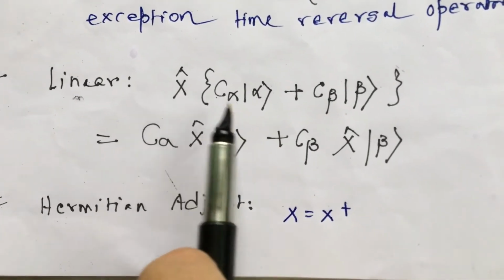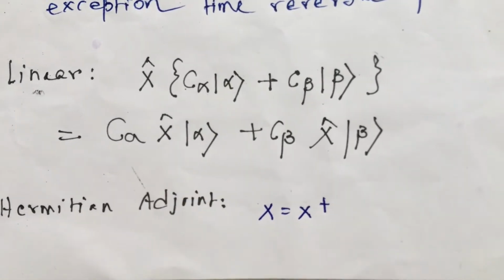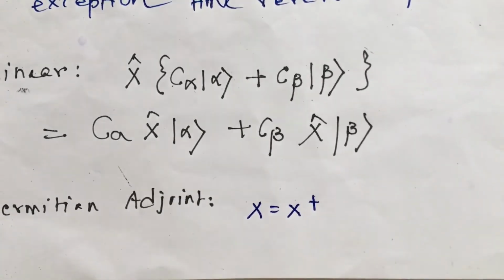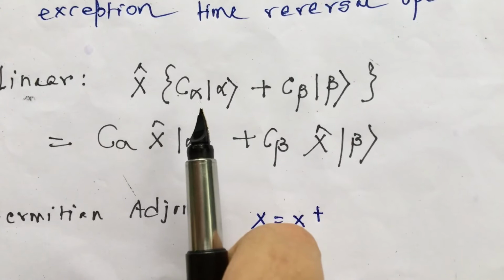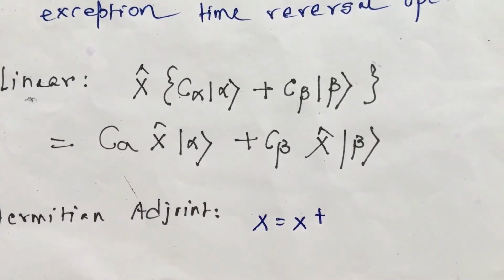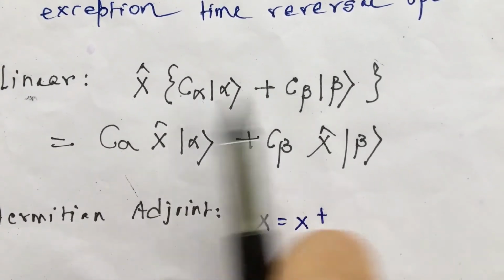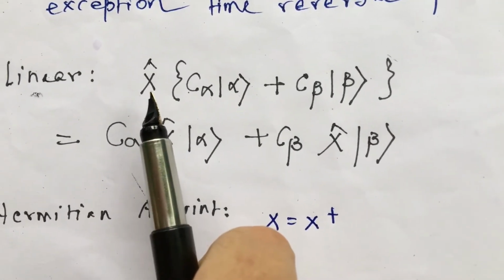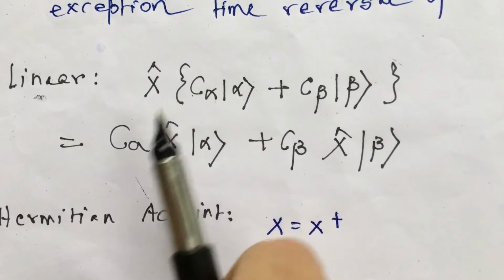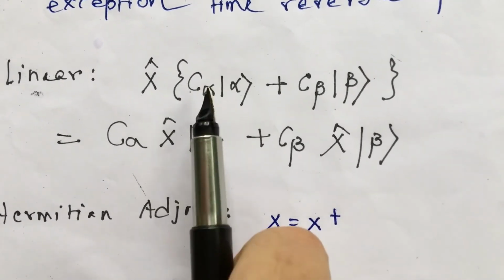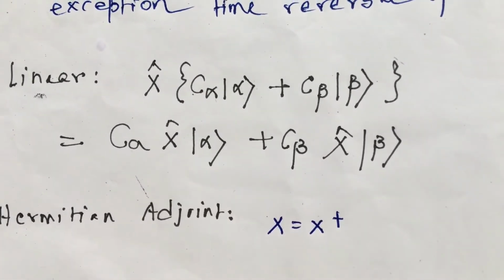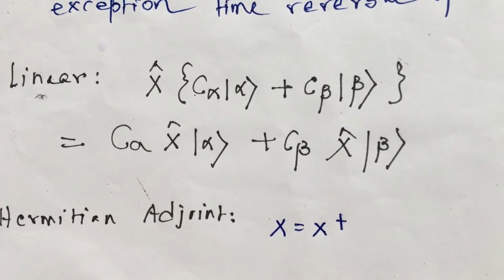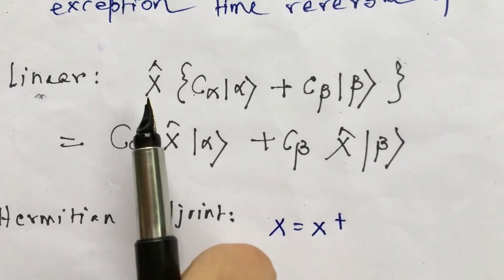If an operator satisfies this relation, where C alpha is a complex constant, C beta is a complex constant, alpha is an arbitrary state, beta is an arbitrary state, then if an operator x operates on this sum, the complex number will be unaffected, not operated on by the operator.